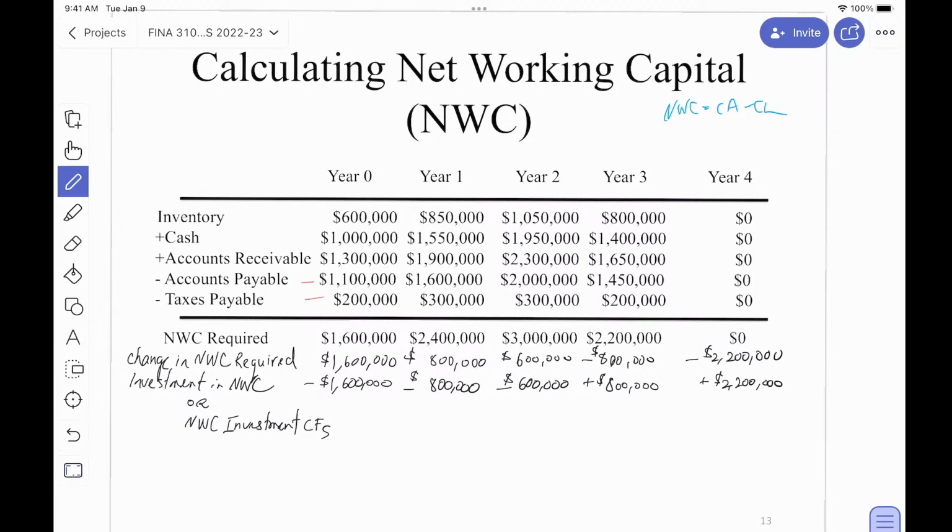Questions? So these amounts are the amounts that go into my investment worksheet.